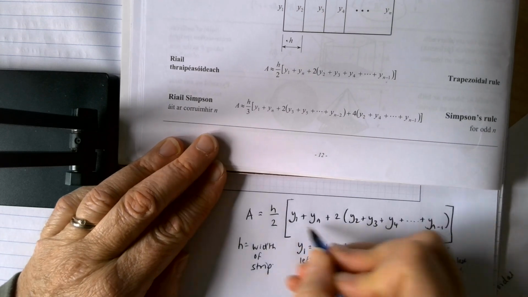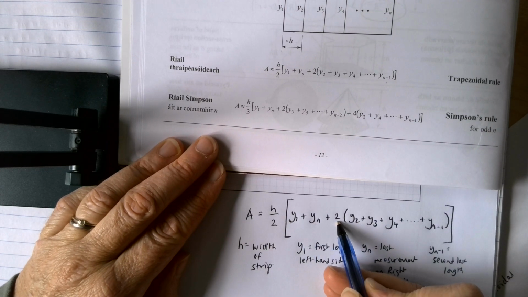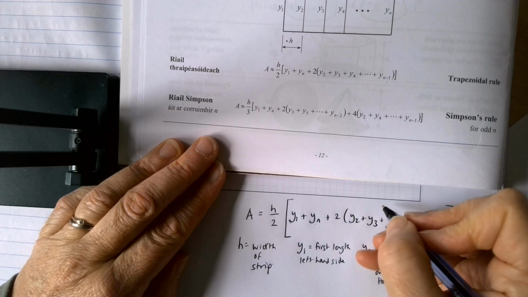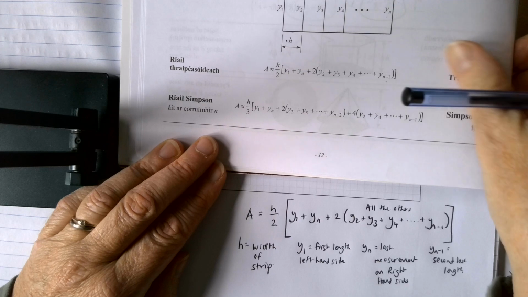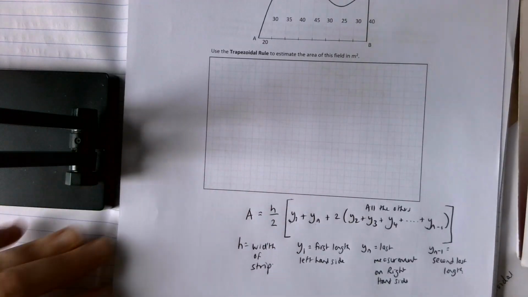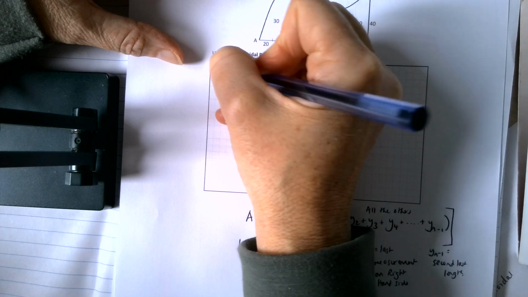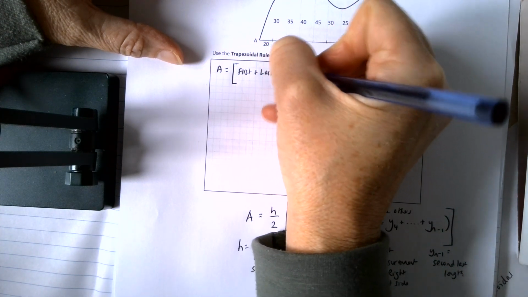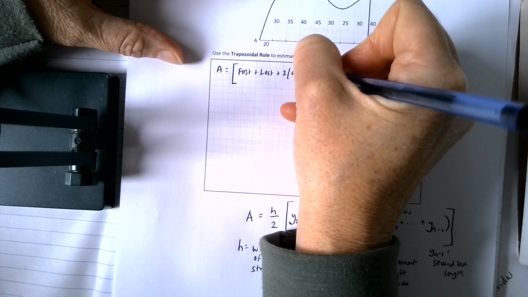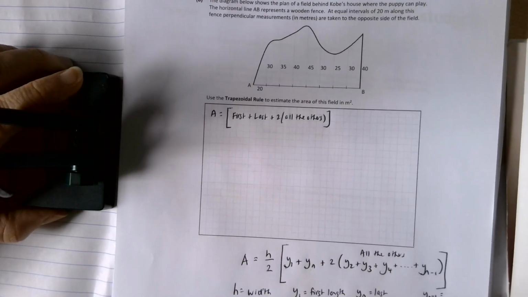And then, so that's first, last, plus 2 times all the others. When we talk about this in class, the way that I say the formula is: area is equal to the first plus the last plus twice all the others. First plus last plus twice all the others.